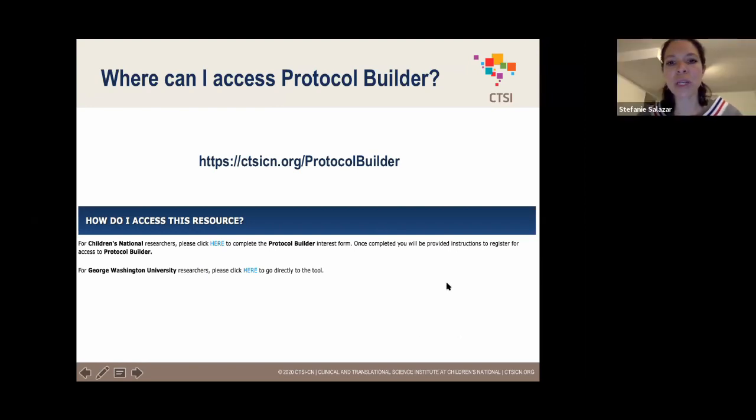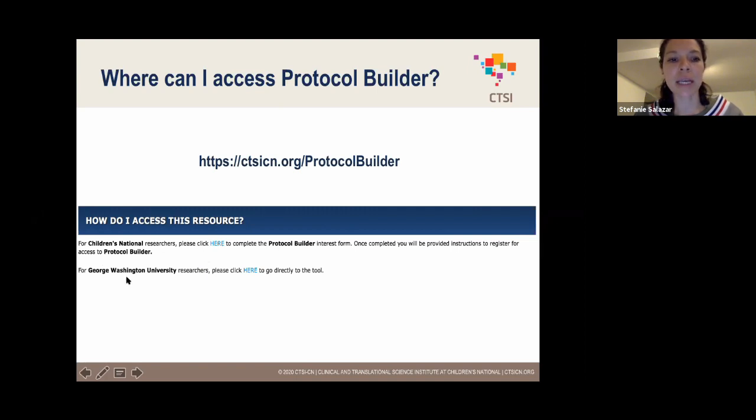Thank you. So just really quickly, on this slide I have the link to our website. It's ctsi-cn.org. That is one of the ways that we can get access to Protocol Builder, and that would be the easiest way. If you go to ctsi-cn.org/Protocol Builder, you will get a page which includes this information: how do I access this resource?